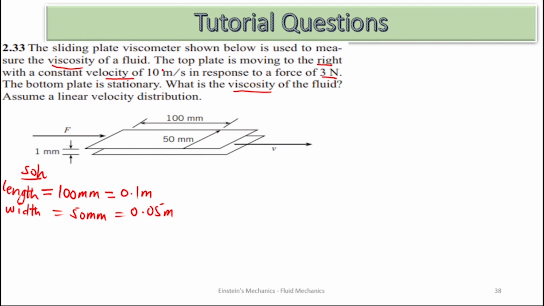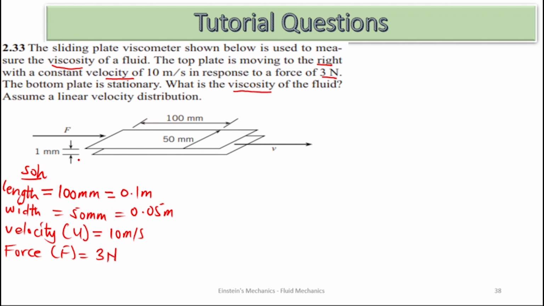And from the question, we have a constant velocity of 10 meters per second. So velocity here I will represent by U, not mu, U. Velocity is given as 10 meters per second with a force of 3 Newtons.